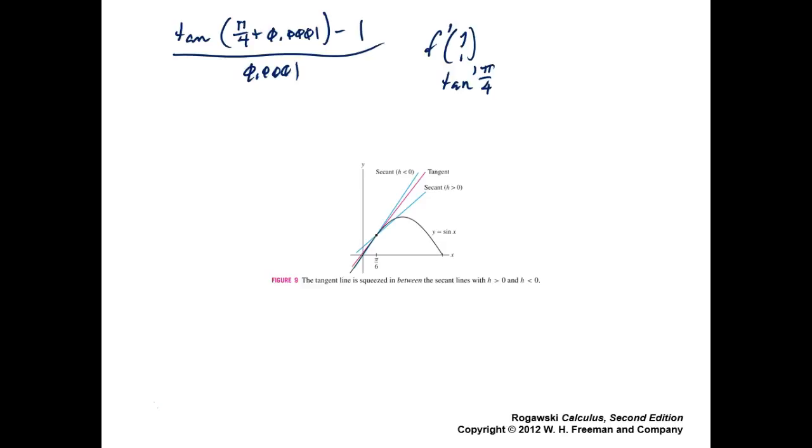Yeah, that's the derivative of tangent at pi fourths. And that better be what they had in the back. It's the derivative of the function f of x equals tangent x at x equals pi fourths. And I went ahead and used a notation we haven't covered yet, but I was just being lazy.